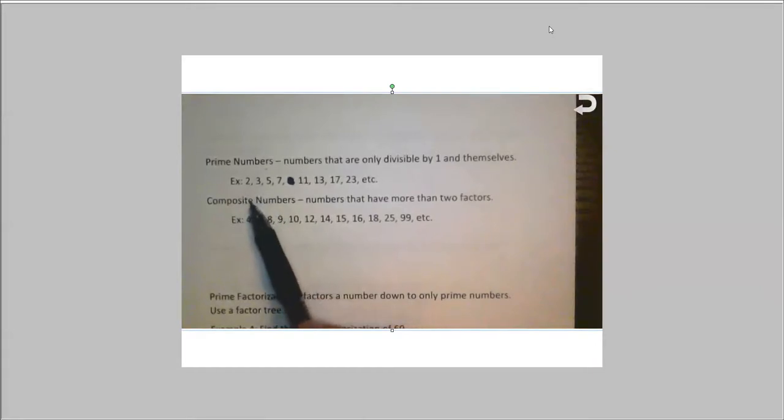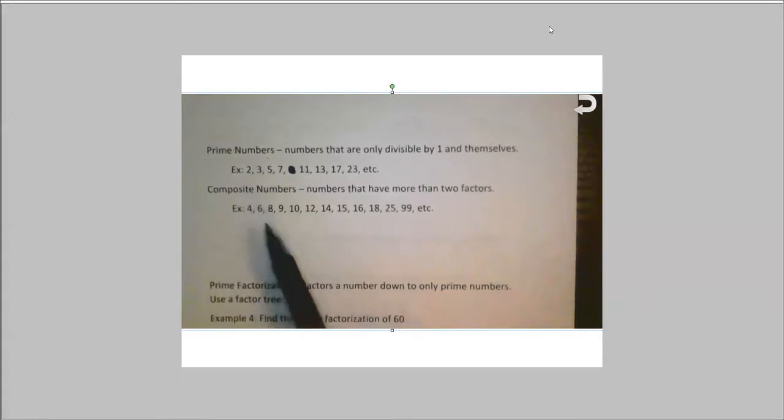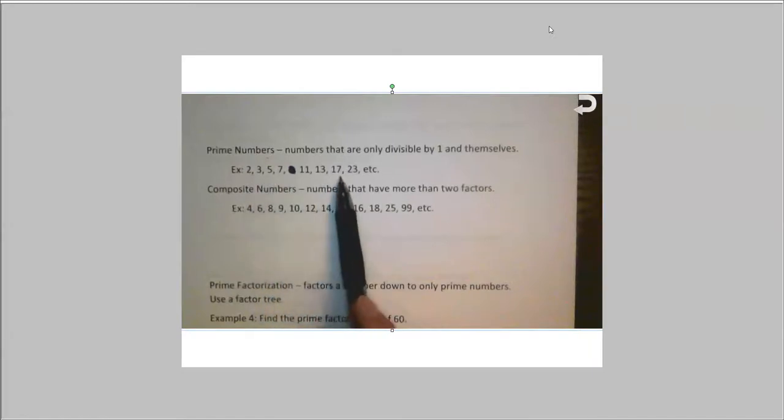Whereas composite numbers are numbers that have more than 2 factors. 4 is 1 times 4 and 2 times 2. 6 is 1 times 6 and 2 times 3. So these are some examples of composite numbers. Notice up here that 2 is the only even number that's prime.